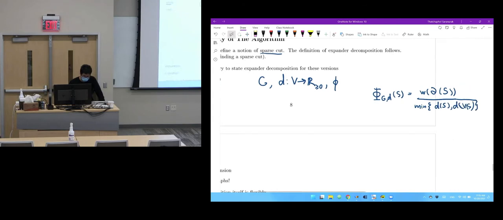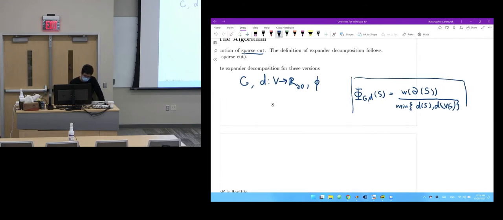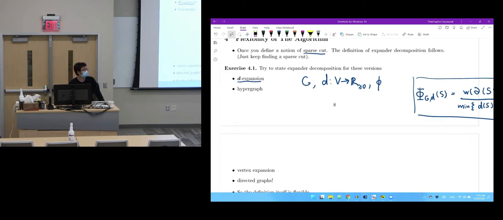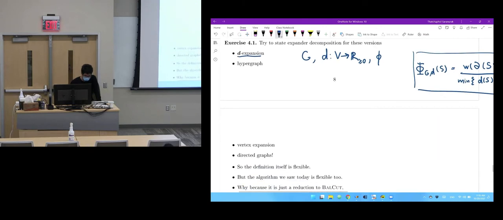Now we have defined a notion of sparsity. What should be the corresponding expander decomposition for this notion? Yeah, I'll let you try.